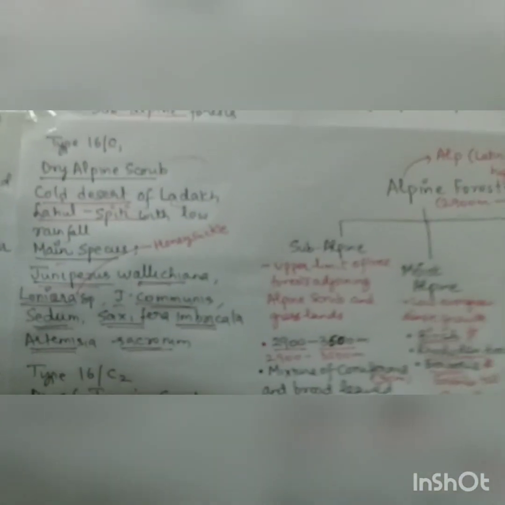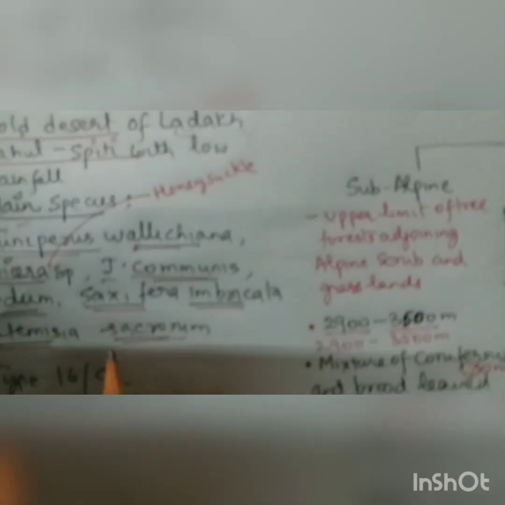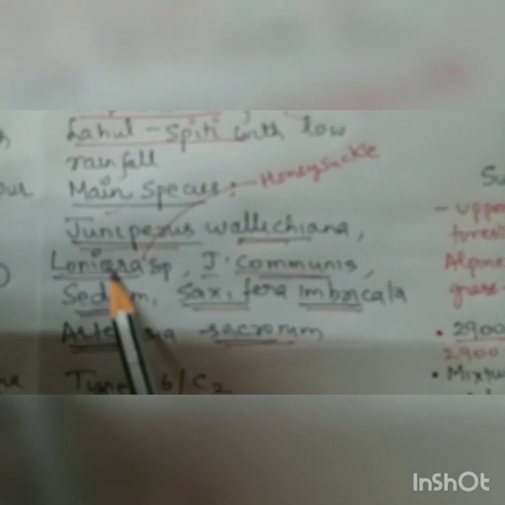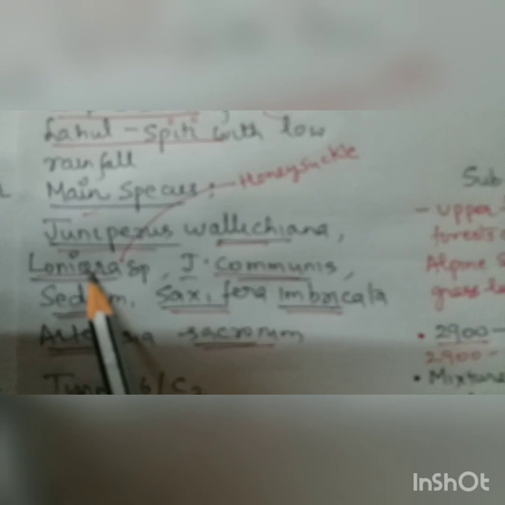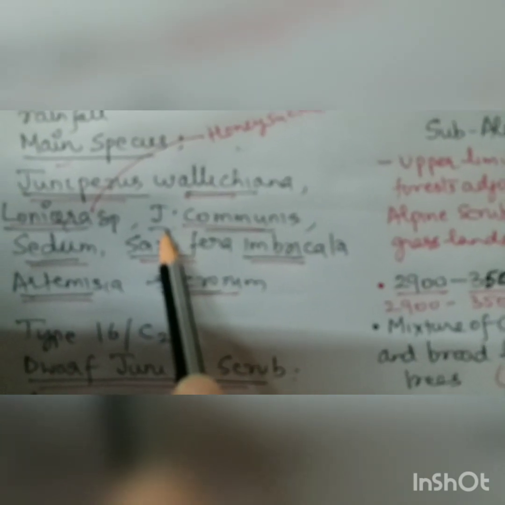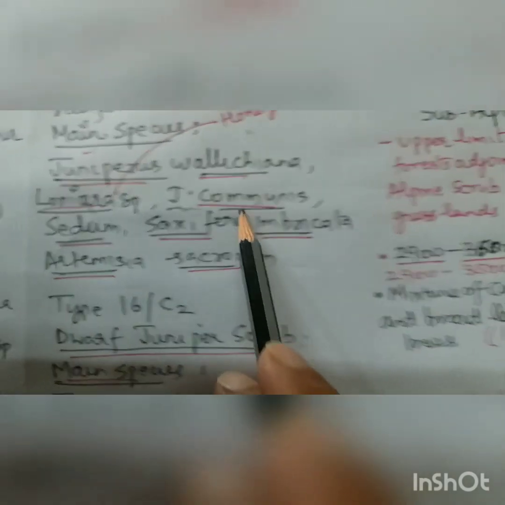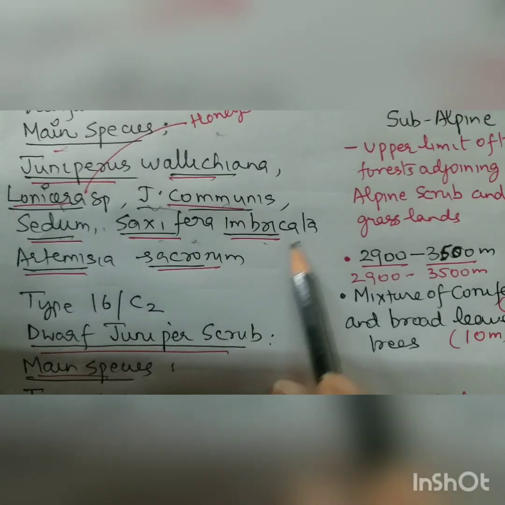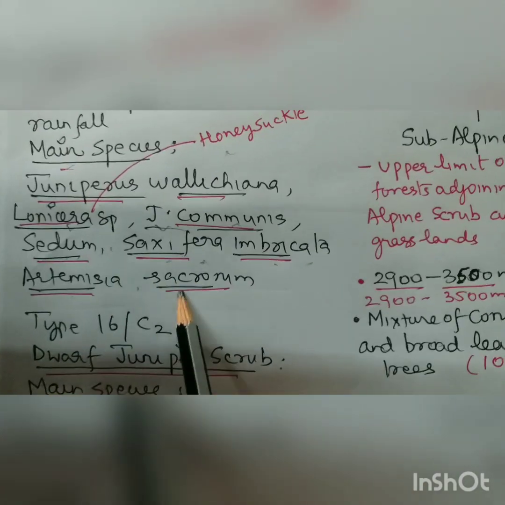The main species are Juniperus wallichiana, Lonicera, right? Lonicera is basically also called honeysuckle, and besides it has Juniperus communis, sedum, saxifraga imbricata, Artemisia.